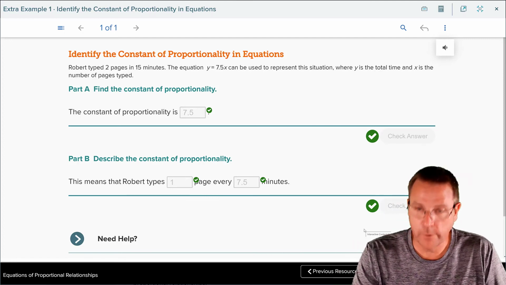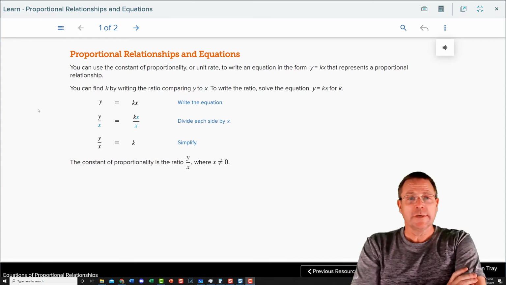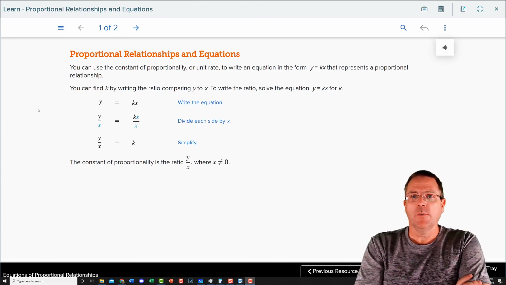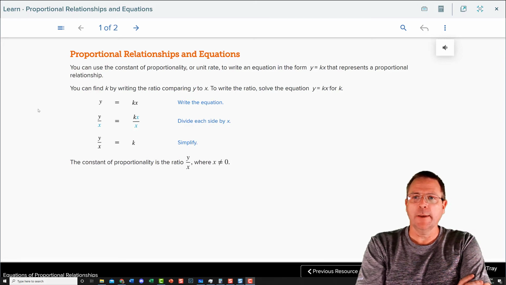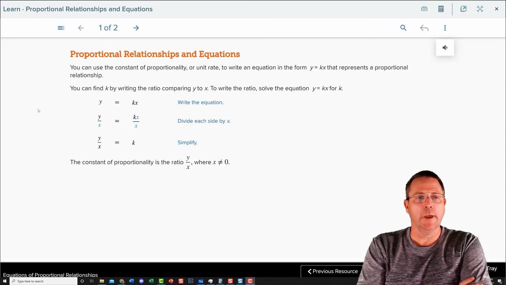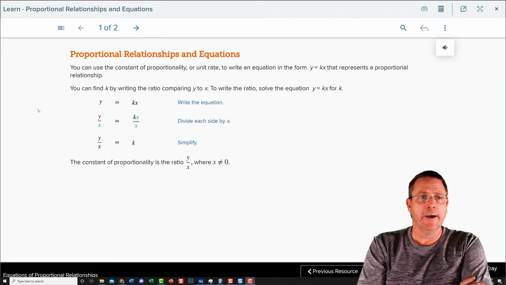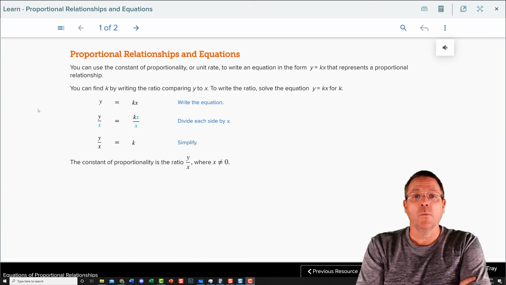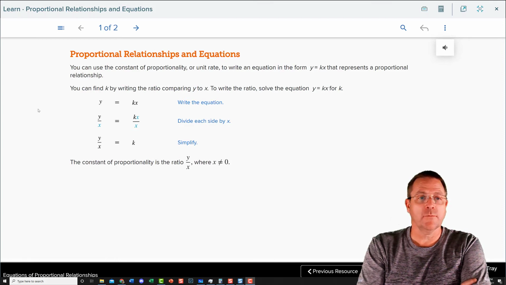Let's move forward. You can use the constant of proportionality or unit rate to write an equation in the form y equals kx that represents a proportional relationship. You can find the k value, remember k is your constant of proportionality, by writing the ratio comparing y to x, and then solving the equation y equals kx for k.